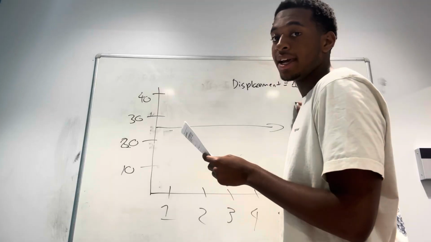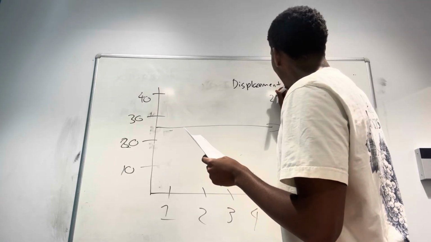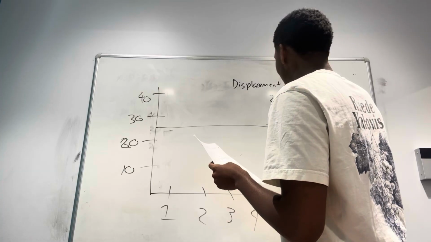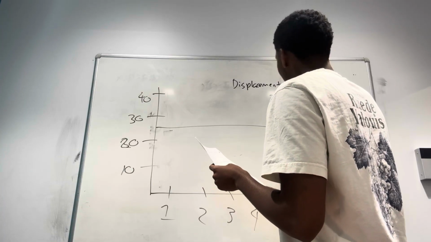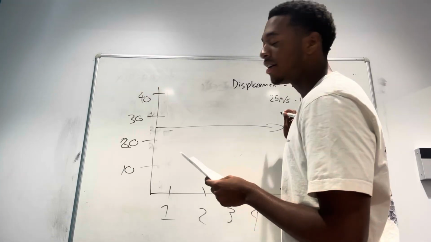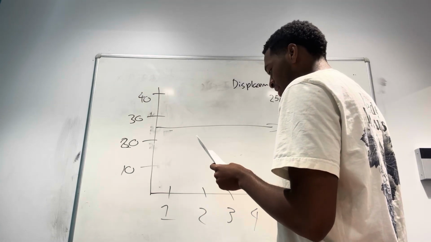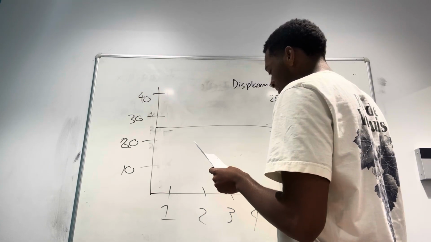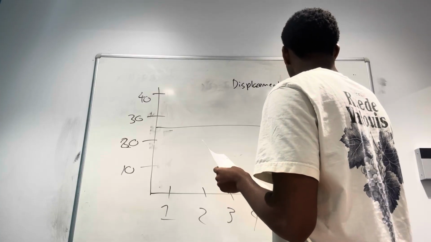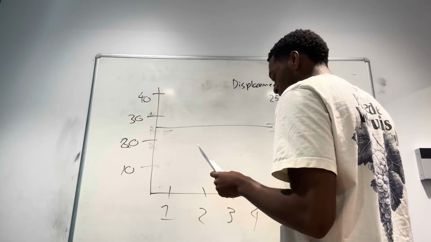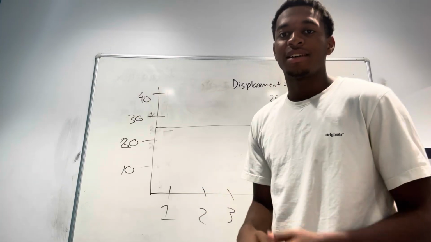So we just fill that in. We have 25 meters per second times 5 minus 2 seconds, and then simplify that. That just gives us 25 meters per second times 3 seconds. And then this equates to 75 meters. So that is how we get that.